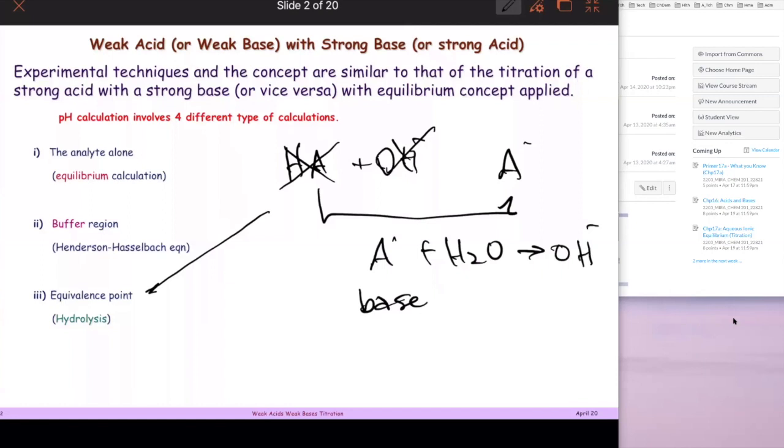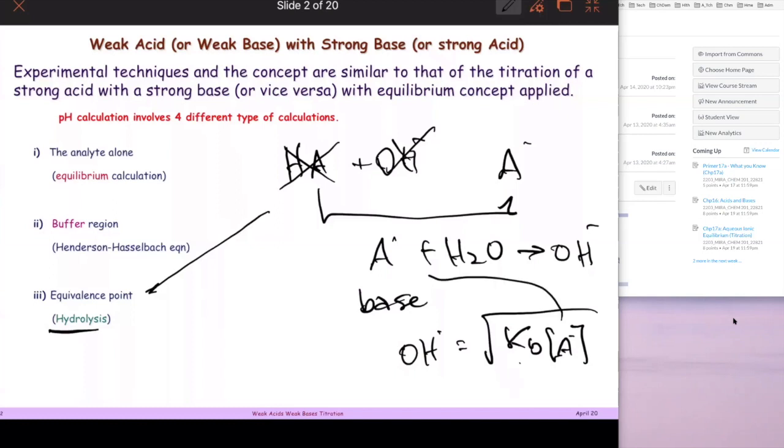This is called hydrolysis. You can just go straight to this equation: the hydroxide ion concentration is equal to the square root of Kb times the conjugate base concentration.